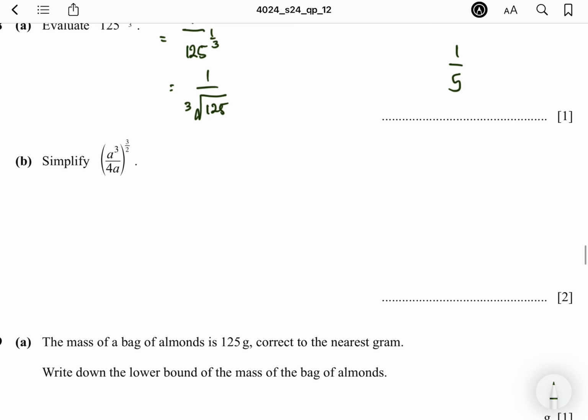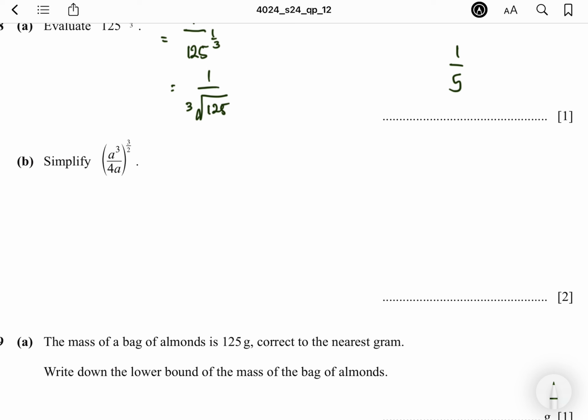This one. So same concept here. Macam-macam jawapannya. Complicated jawapannya. Sedangkan kalau kamu lihat A cube over 4A tu boleh disimplify. So artinya sini satu, sini satu tinggal 2. So you are actually simplifying this one.